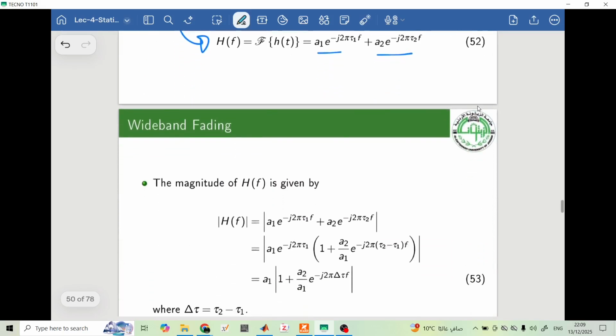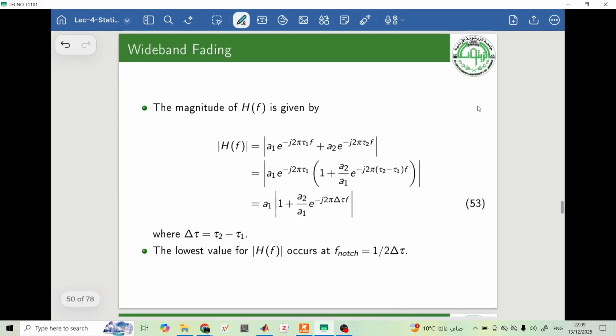Now if we look into the magnitude of the channel's frequency response, easily we can take the magnitude, then we can take the first component as a common factor leading to this. Now we recall that the magnitude of any complex exponential equals 1, right?